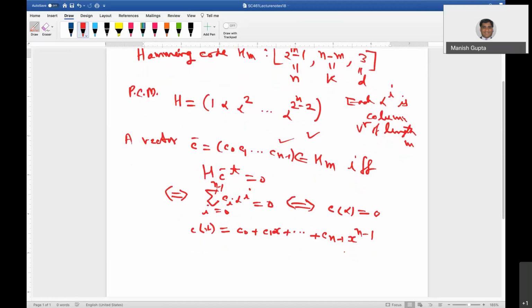Now since alpha is a root of c(x), the minimal polynomial of alpha, m1(x), will divide c(x).